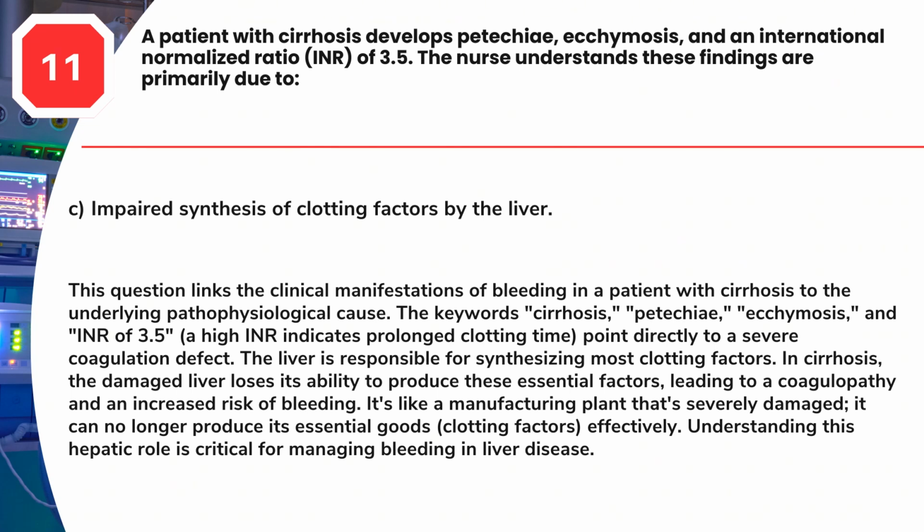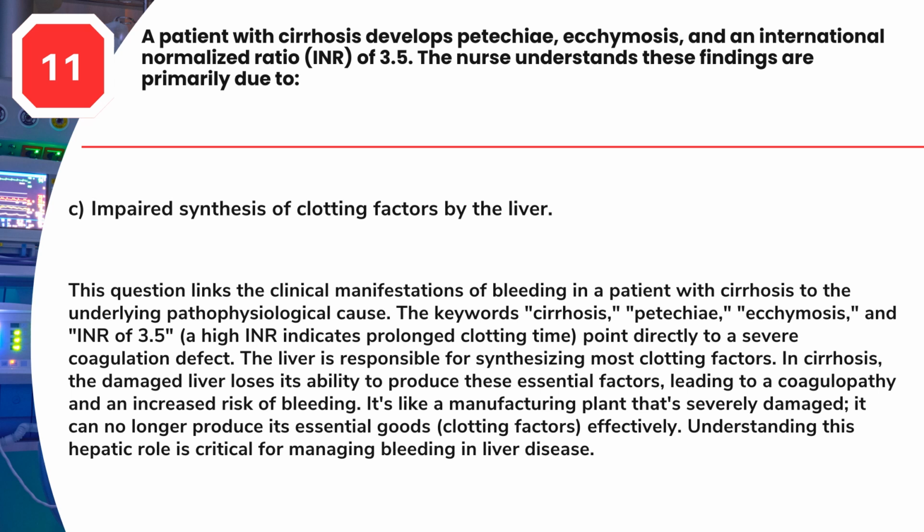This question links the clinical manifestations of bleeding in a patient with cirrhosis to the underlying pathophysiological cause. The keywords cirrhosis, petechiae, ecchymosis, and INR of 3.5, a high INR indicating prolonged clotting time, point directly to a severe coagulation defect. The liver is responsible for synthesizing most clotting factors.